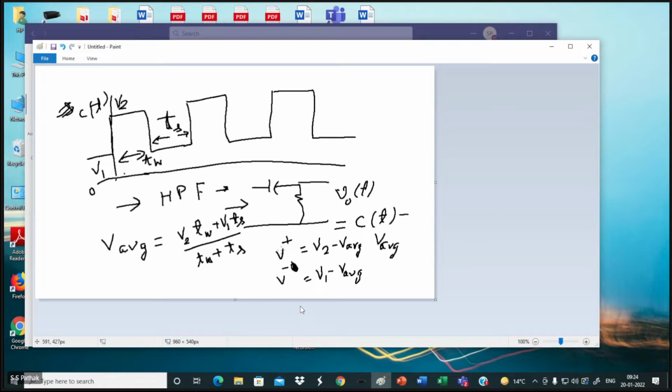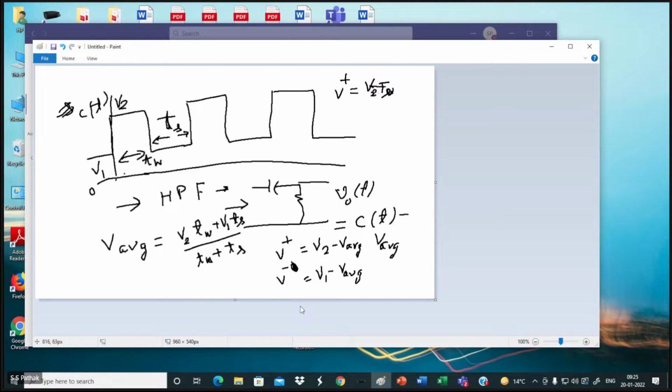Let me write the values so you can check them. For V plus, whatever values you put, you can get the answer. That will be V2 into TS, sorry, V2 into TW, no, V2 into TS.